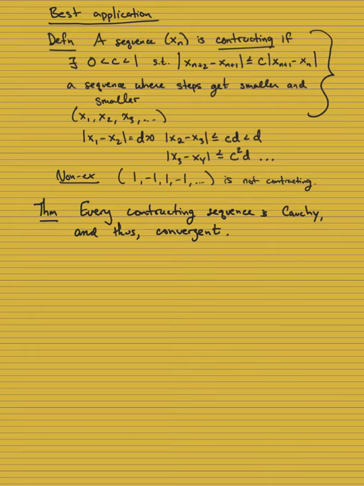All right, so let me prove this, okay? So the idea is to kind of transfer local information, where we know a gap between xn and xn+1, into global information.